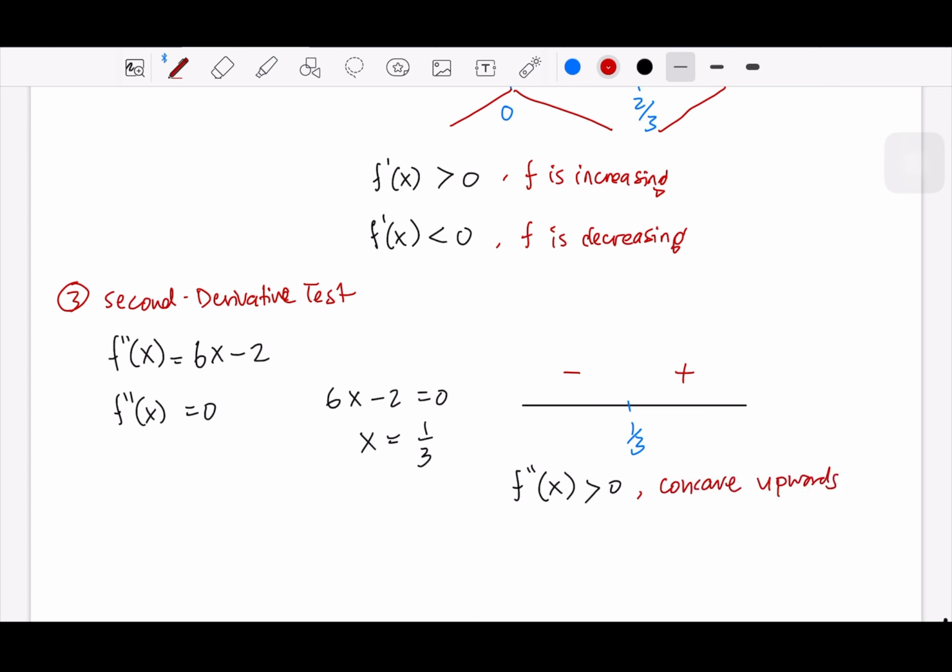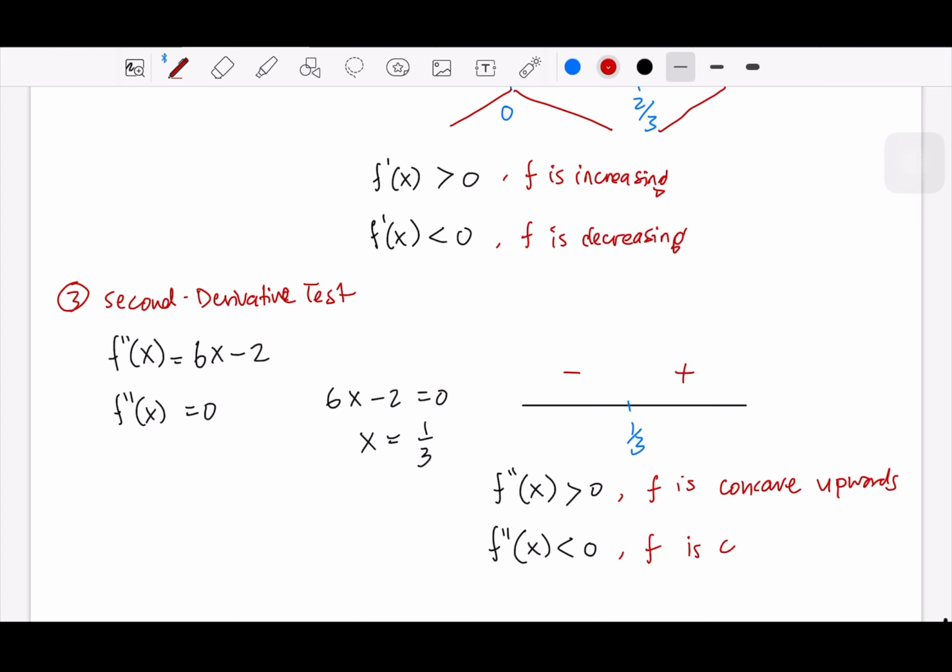So if you have a positive f double prime, it will be concave upwards. So f double prime greater than 0, f is concave upwards. And f double prime less than 0, or negative, f is concave downwards.